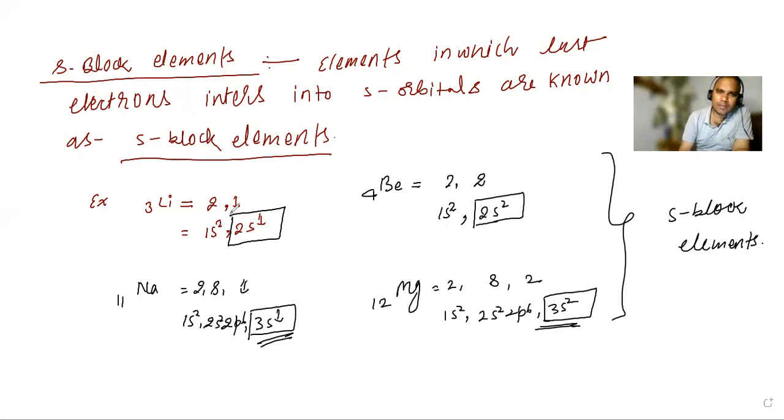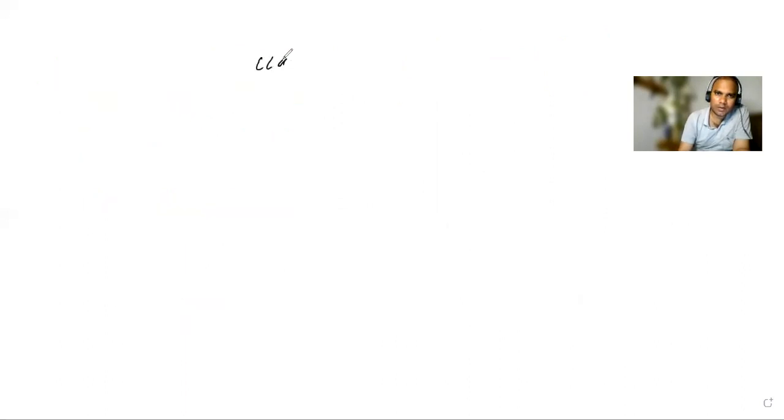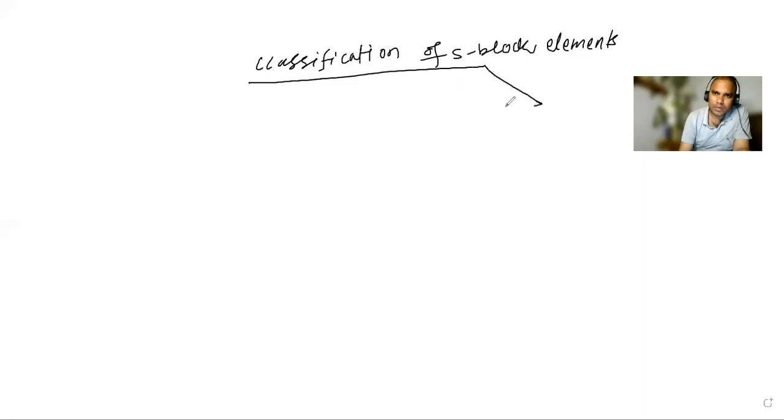Now, classification of S block elements. We are going for the next point, that is the classification of S block elements. How are S block elements classified? They are classified into two categories.